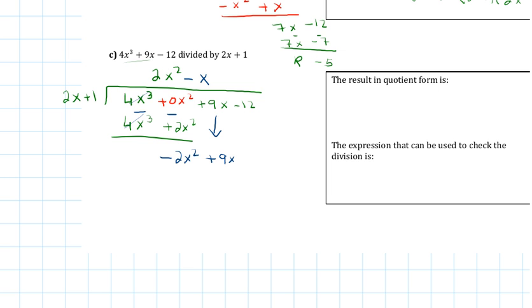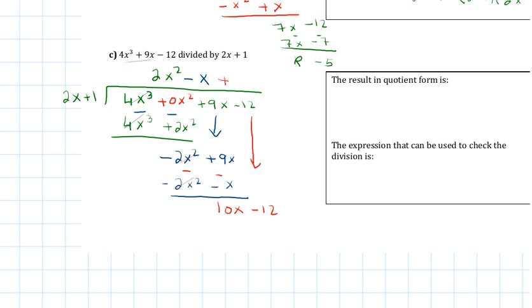Now, if I divide negative 2x squared by 2x, that's negative x. Negative x times 2x is negative 2x squared. Negative x times 1 is negative x. We're going to subtract. The negative 2x squared cancel each other. 9x take away negative x is 10x.